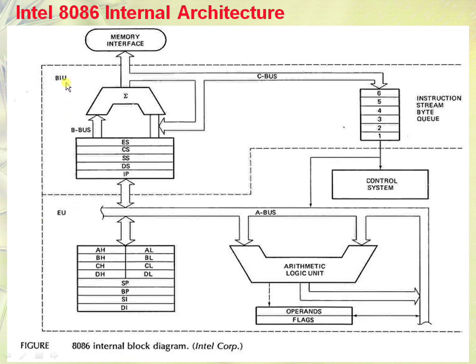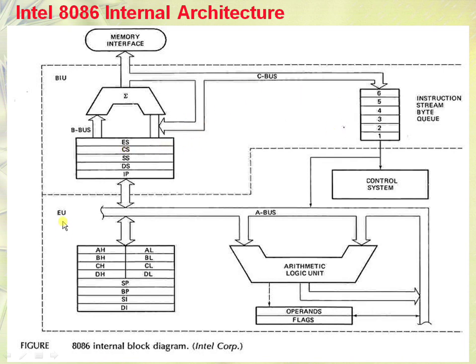BIU is nothing but bus interface unit and EU is nothing but execution unit. Now this BIU contains this adder, called the address conversion mechanism adder, and some segment registers, and then the queue which we have discussed, that is the instruction byte queue, whose size is 6 bytes. As you can see here, 1 2 3 4 5 6. And a bus which is connecting all these blocks.